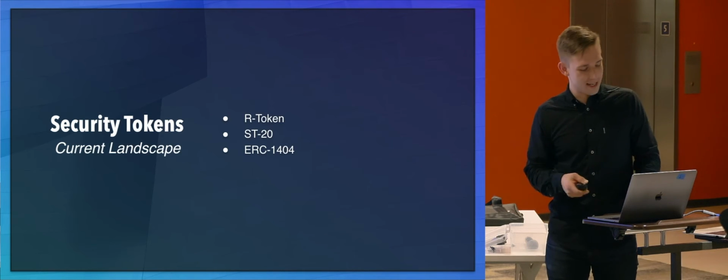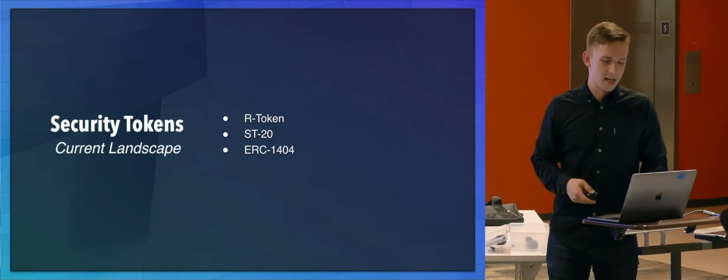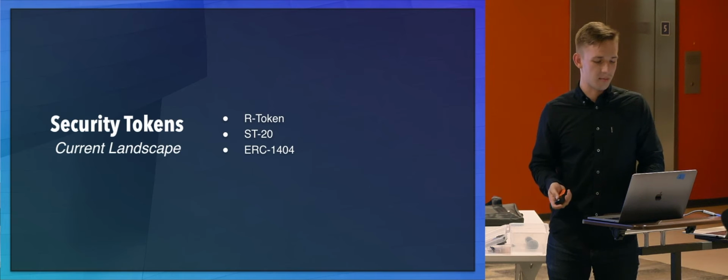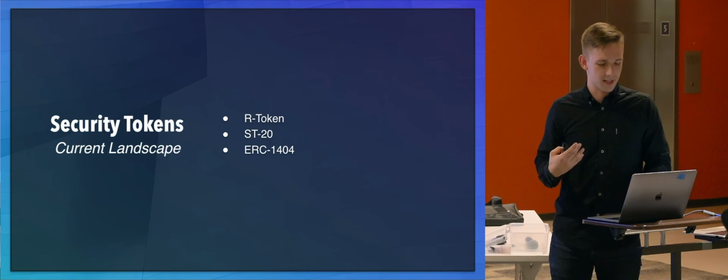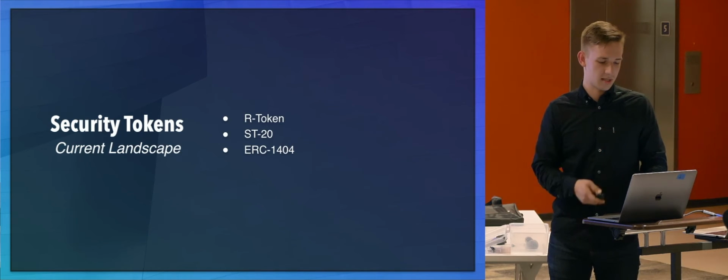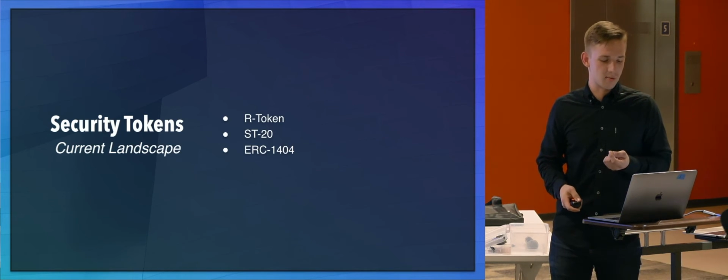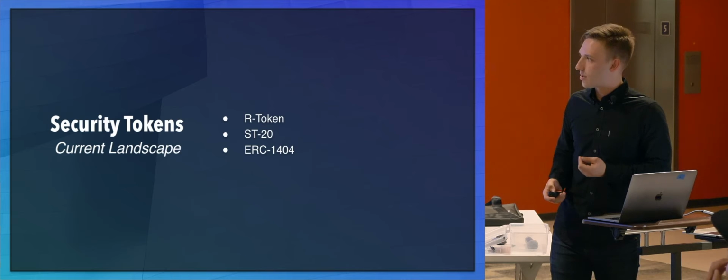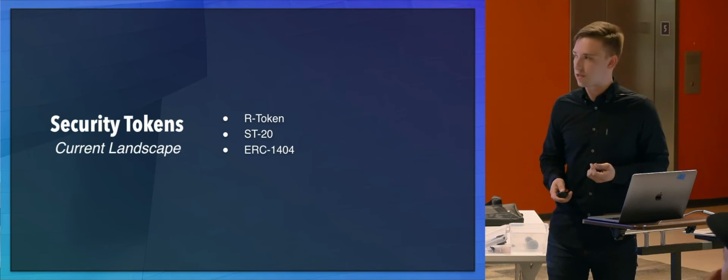And the last one is ERC-1404, a standard being actively developed by Tokensoft. Full disclosure, that's the company I work for, and we make software for token issuers. We're going to discuss the reasoning around each of these and take a look at reference implementations.